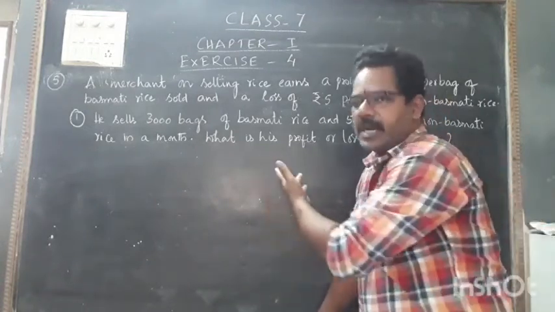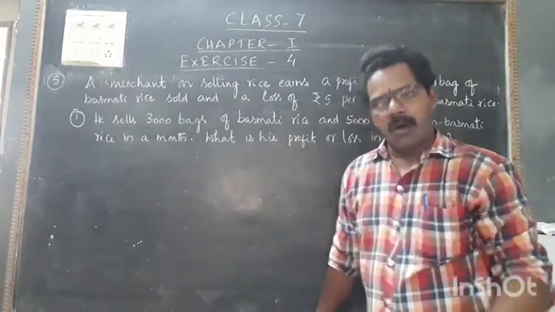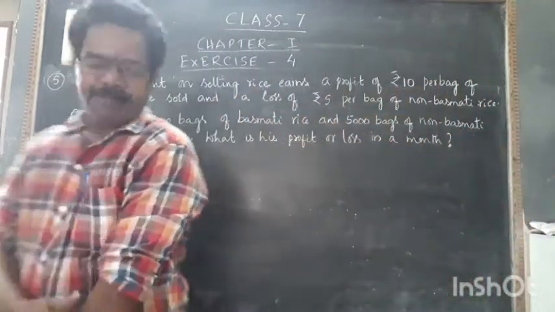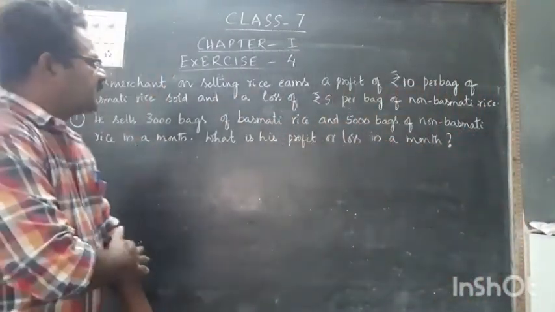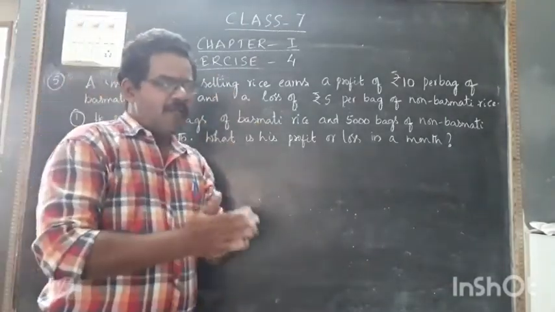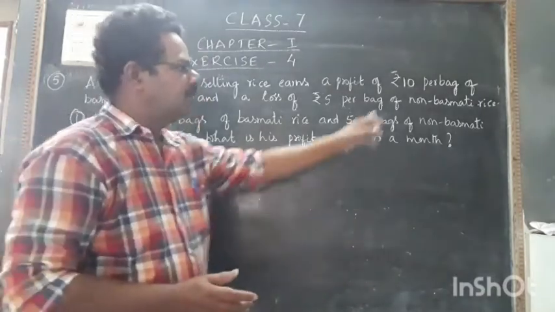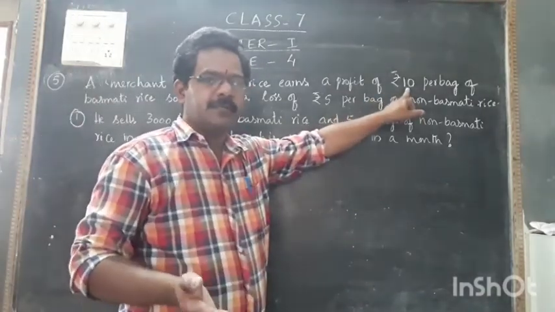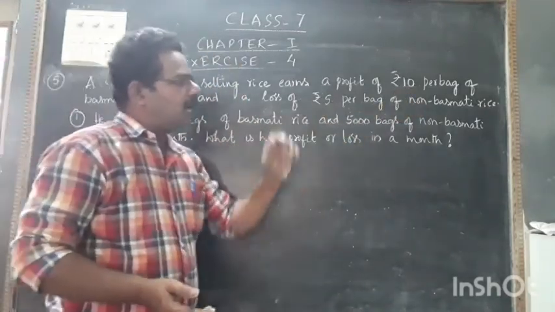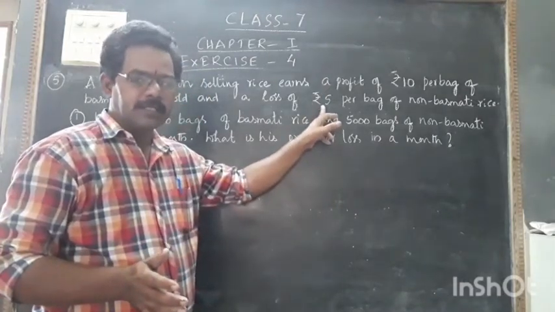And non-basmati rice is used for preparing ordinary rice, okay, that we have daily. So in a rice shop, the merchant on selling basmati rice, suppose he sells 1 bag, he can earn 10 rupees profit. Suppose he sold a non-basmati rice bag, he will get 5 rupees loss.